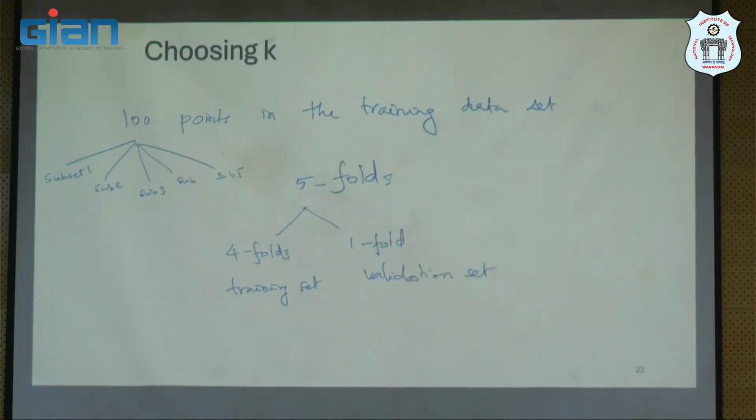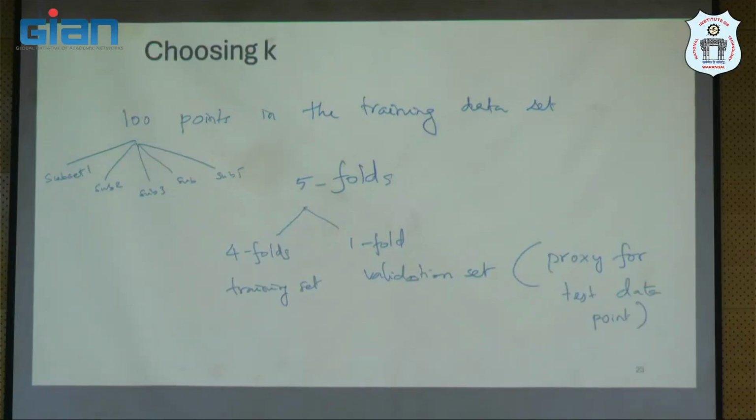See, all are from the training data set only, so we know the label for all the 5 folds data, but we are just assuming that one of the folds is considered as validation. What do I mean by validation set? It is a proxy for a test data point. So it is going to mimic my test data point.